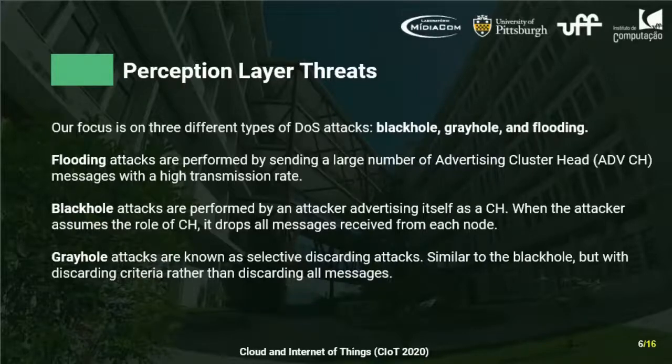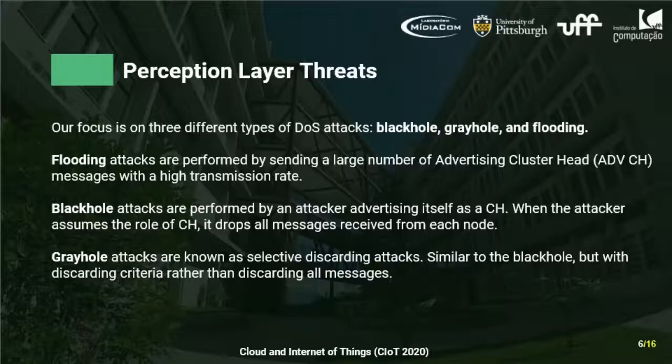In our scenario, these messages are advertising cluster head messages, a typical message transmitted in sensor networks for sensor nodes to become a cluster head. And these messages are sent at a high transmission rate. The main impact of the attack can be the energy of each sensor being exhausted due to processing a lot of messages.